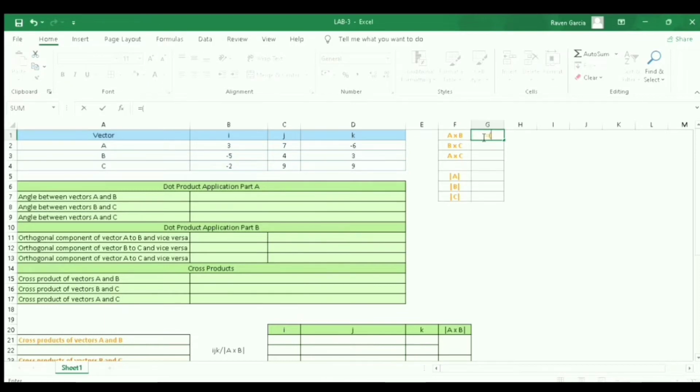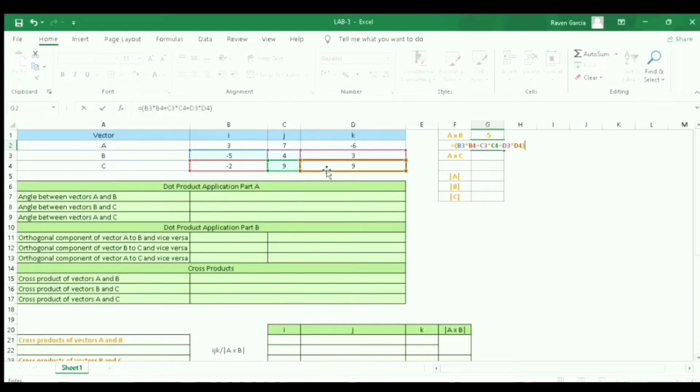At row 1, column G, input the formula equals open parenthesis B2 times B3 plus C2 times C3 plus D2 times D3 close parenthesis. The output is negative 5. At row 2, column G, input the formula equals open parenthesis B3 times B4 plus C3 times C4 plus D3 times D4 close parenthesis.